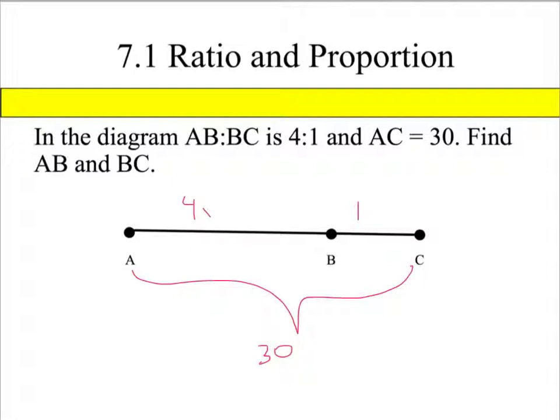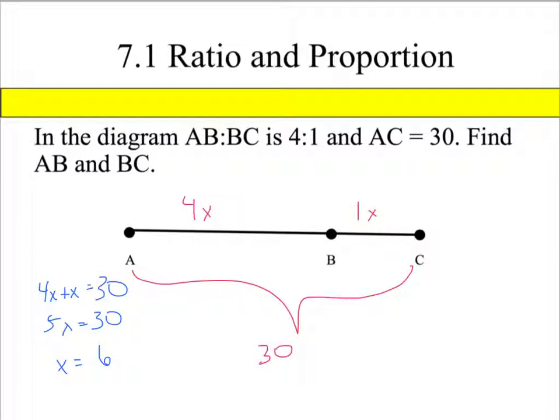So it's going to be 4x, and this is going to be 1x, or x. Now we can put this into an equation: 4x plus x is equal to 30. Now we simplify to 5x is equal to 30. X is going to be 6 because we divided by 5.